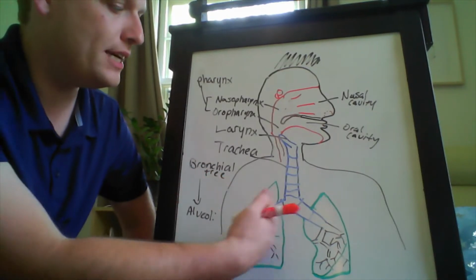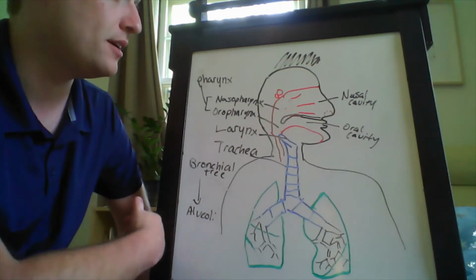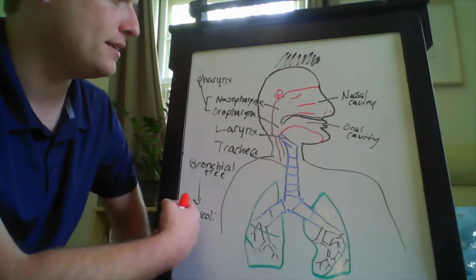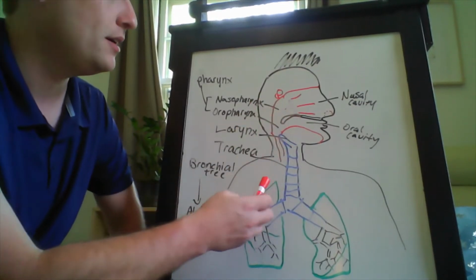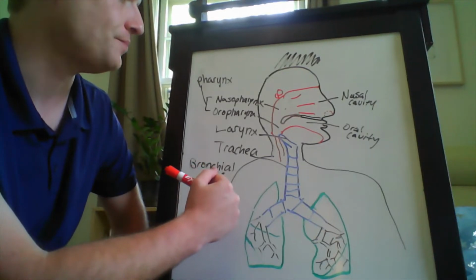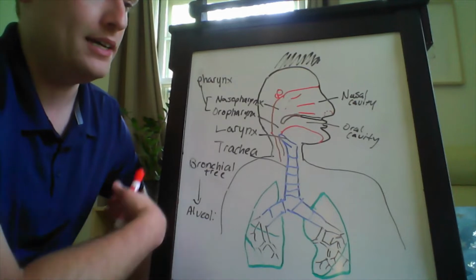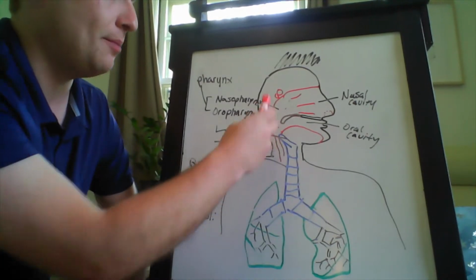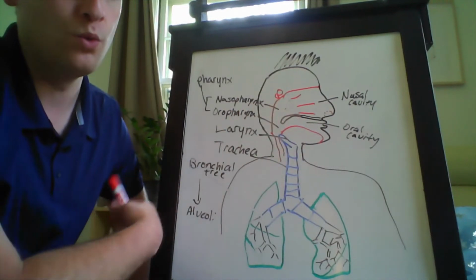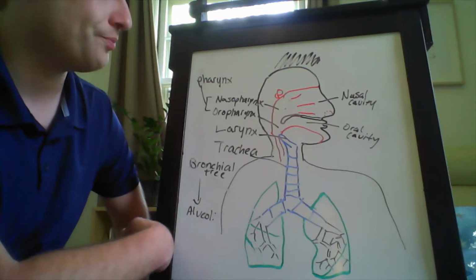In order to keep your lungs and the rest of your respiratory tract moist, the air that we're breathing needs to be somewhat moist, and a lot of that moisture is picked up due to this turbulent flow through the nasal cavity. Also, the air flowing into your body is going to be warmed inside of the upper respiratory tract. So both the oral and the nasal cavity can warm and moisten the air that's going to be taken into your body.